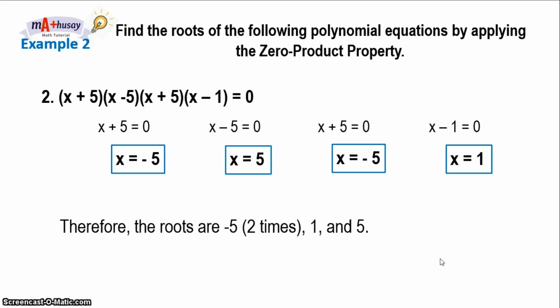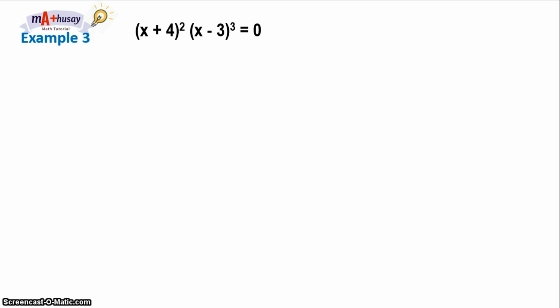Let's take the third example. We have the quantity of x plus 4 squared times the quantity of x minus 3 cubed equals 0. Since this is written in factored form, again, we will just apply the zero product property. So, x plus 4 equals 0, and the other one is x minus 3 equals 0.